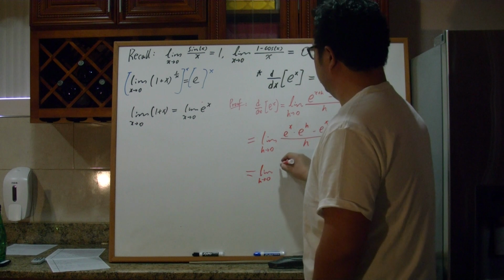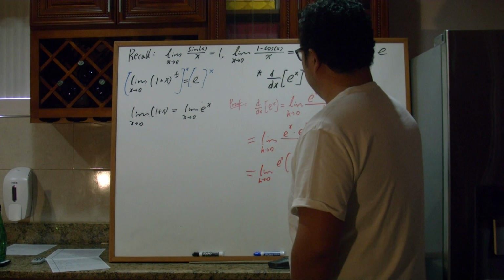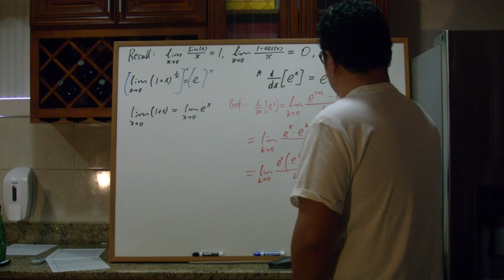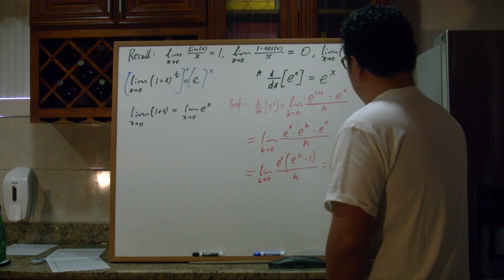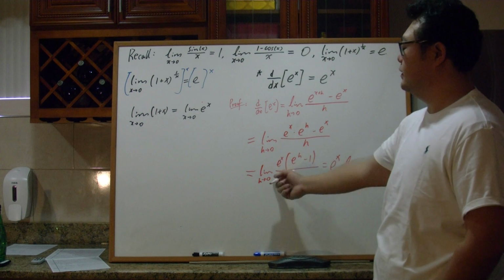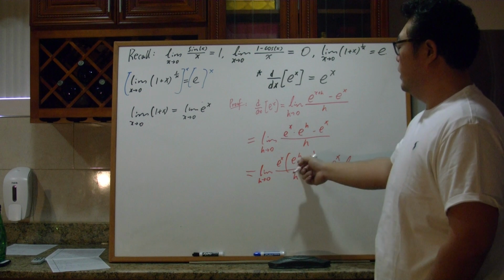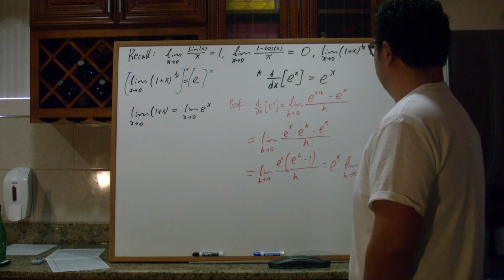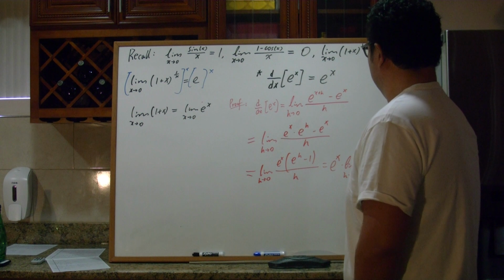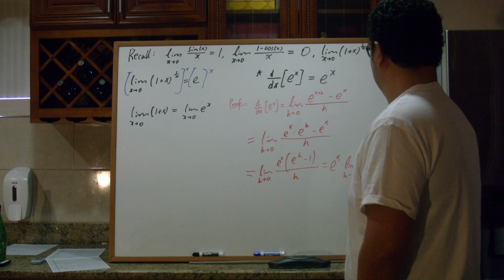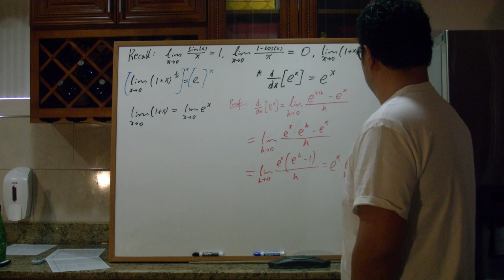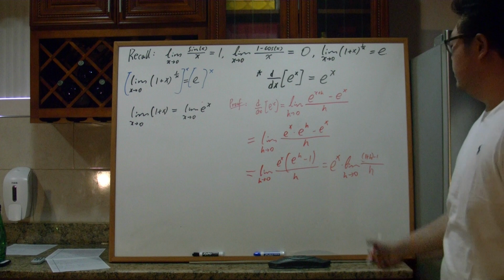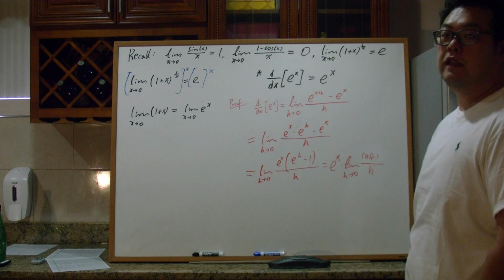We have a factor of e to the x that can be factored out, and we have e to the h minus 1 over h. We take out the e to the x since it's not related to the variable h, and e to the h as h approaches 0 is 1 plus h. Hence, I don't think I have to show it in great detail, right?